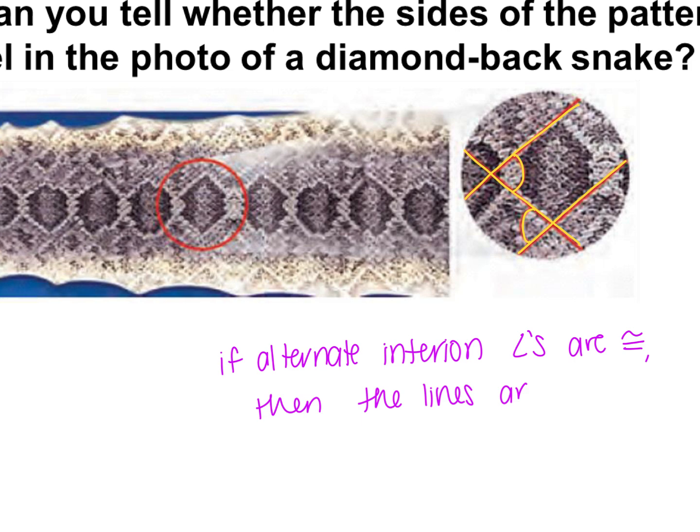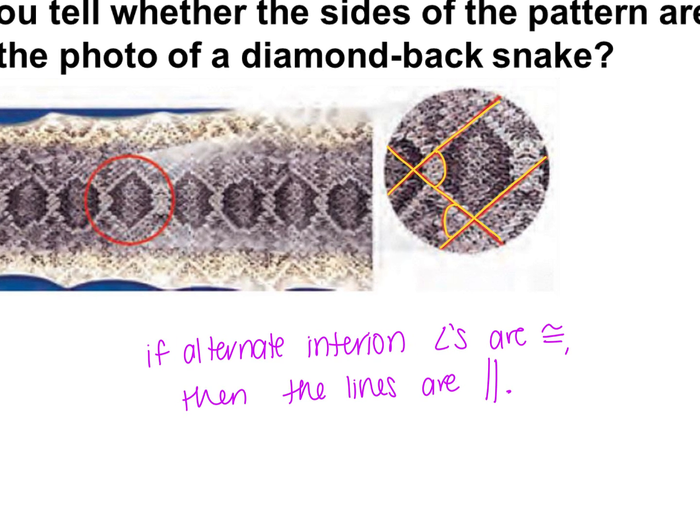I'll just do my parallel symbol. Okay, and again, how do I know that they're congruent? Because they're giving me these congruency marks. They're congruent by the marks. These little congruency marks right here are telling me that it is congruent. Okay, questions on this one?